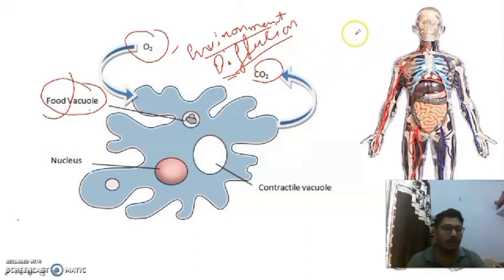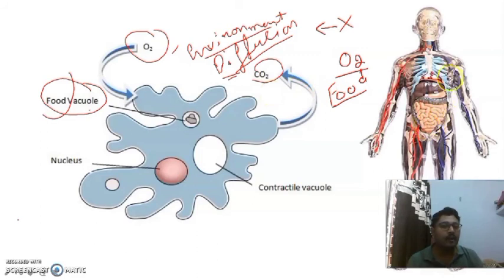For example, they cannot absorb oxygen directly from the atmosphere, or take food into their body by diffusion, right? For this reason, these multicellular organisms have specialized tissues or specialized organs which perform their functions.